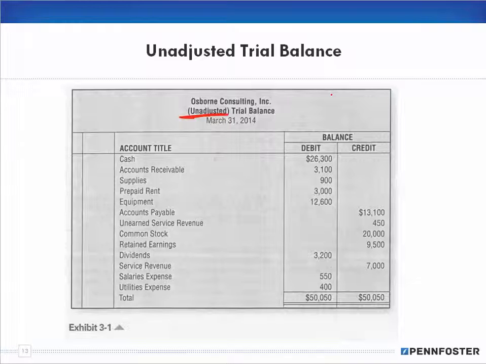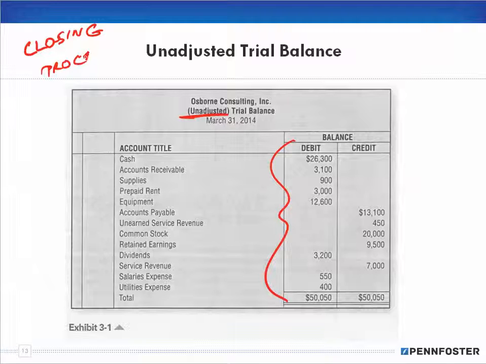Right? So right now we're looking at an unadjusted trial balance, and this is like the beginning point. These balances are the beginning point for what is called the closing process.